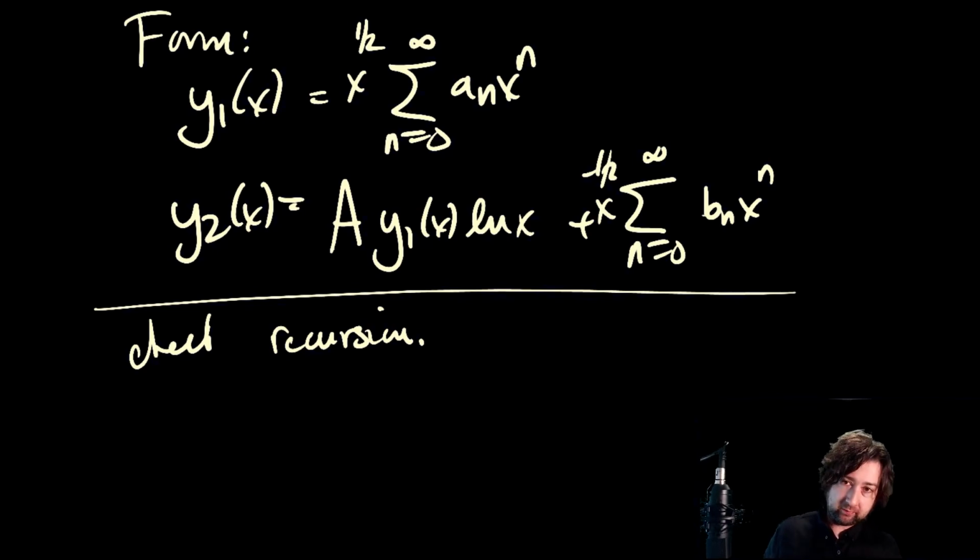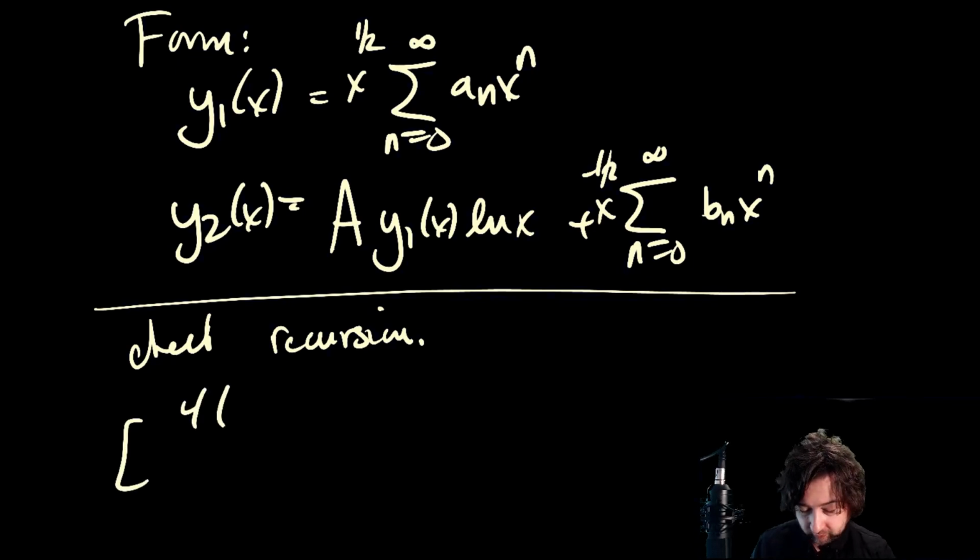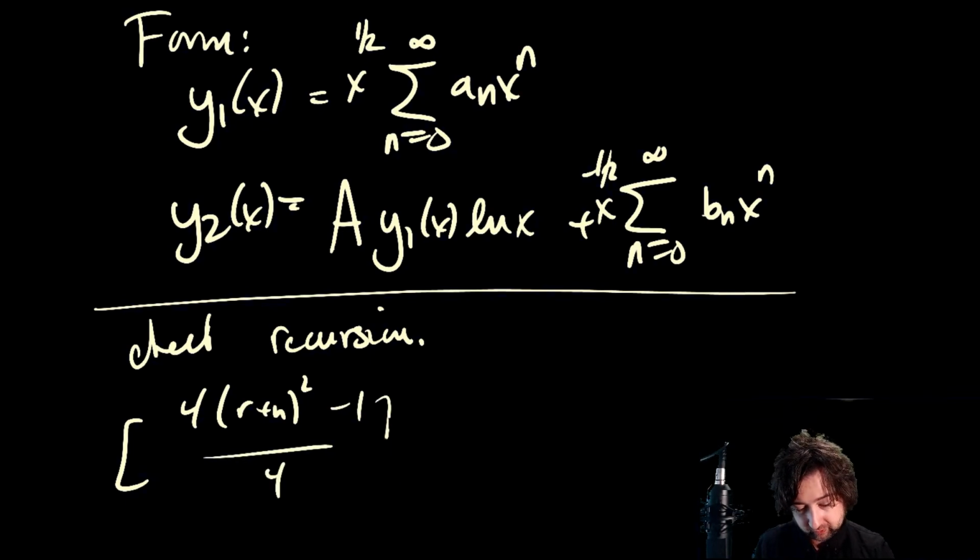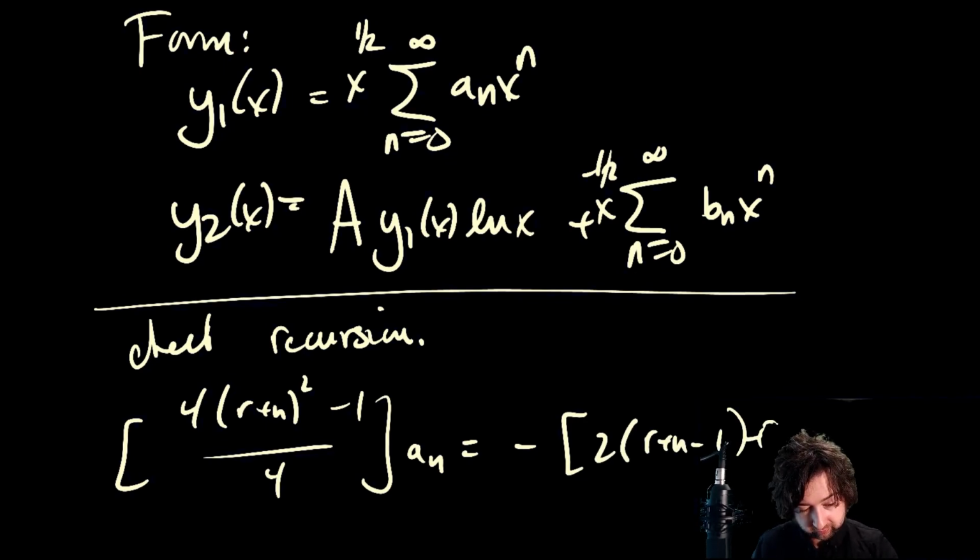So when you do that, what you're going to get in this case is that the recursion has the form 4 times (r plus n squared minus 1 over 4) an is equal to minus 2 times (r plus n minus 1 plus 2) an minus 1.